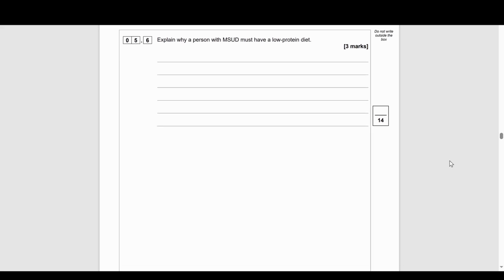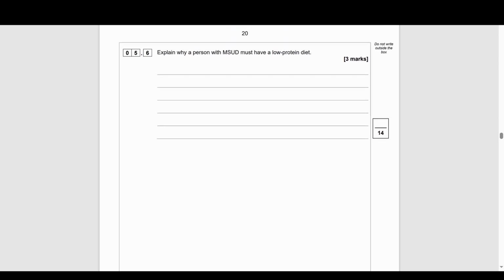5.6. Explain why a person with MSUD must have a low protein diet. They did say this before when we were doing our question with the Punnett square. They said that they need to control this by having a low protein diet. So we need to think about why. Again, protein is going to be broken down to form amino acids.